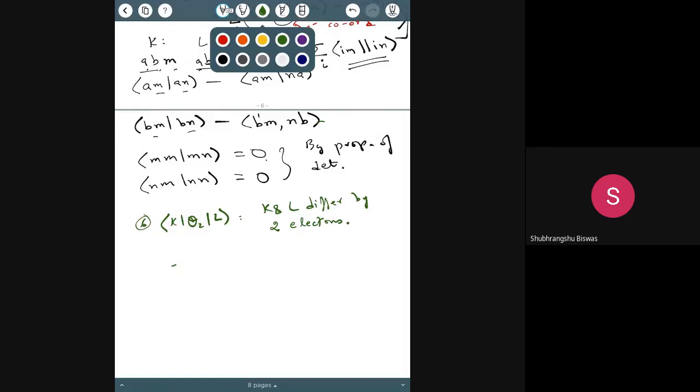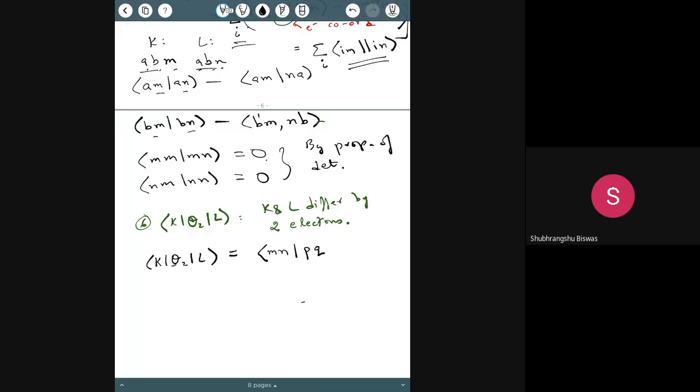So the derivation, I'm not doing it. So you have K theta to L, that is equal to, now the sum will disappear and you will only have mn pq, where mn by two, careful, two spin orbitals, so Mn replaced by Pq, this minus P is equal to Mn.